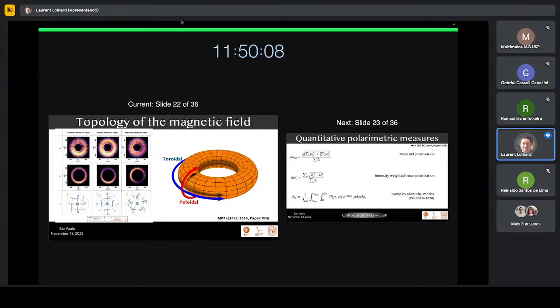And these are the predictions that you get. So this one, you perhaps can't see that, is immediately discarded because it produces electric vectors that are radial in this image, exactly perpendicular to what we actually observe. So what this means is that the magnetic field around the black hole is somewhere a combination of these 2 effects. So it has a very significant poloidal component and probably no or very little toroidal component.